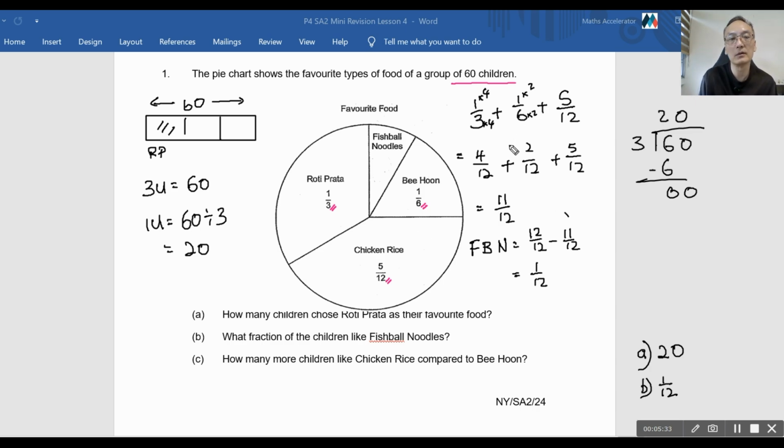And we know that, in order to find the actual number, we will find the difference between the fraction of 5/12 and 1/6 first. So we take 5/12, which is the fraction for the chicken rice, minus away the bee hoon, which is 1/6.